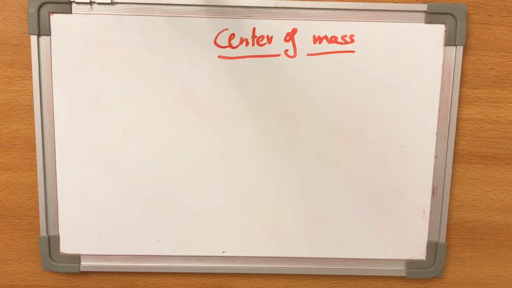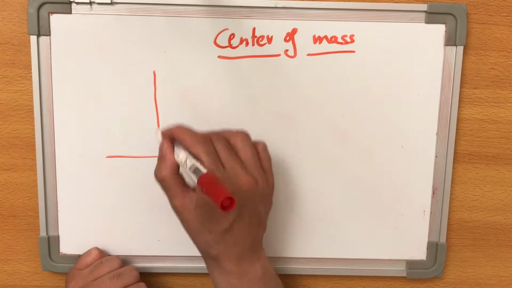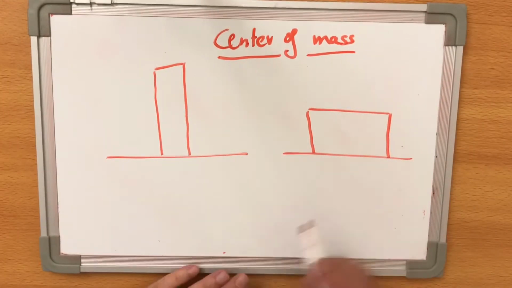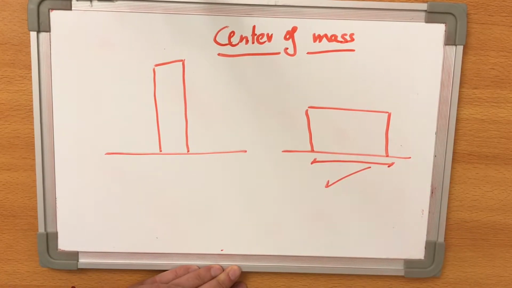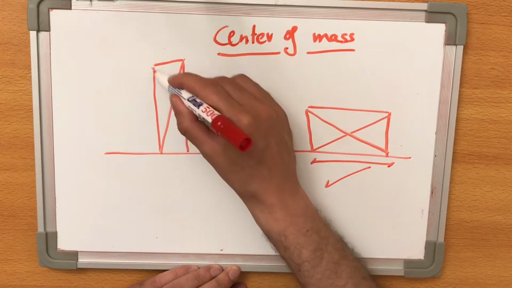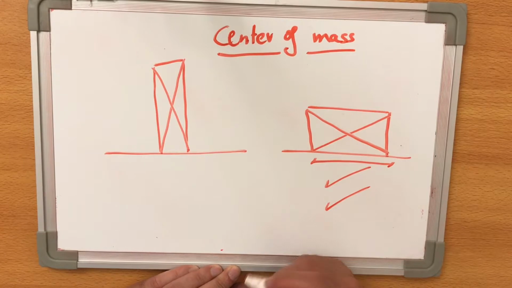Okay, you need to know something else. Any object is considered stable if it's wide and lower to the ground. So if you have two objects, this object and this object, this one is more stable because it's wider, and the center of mass of this one is more stable because it's shorter.